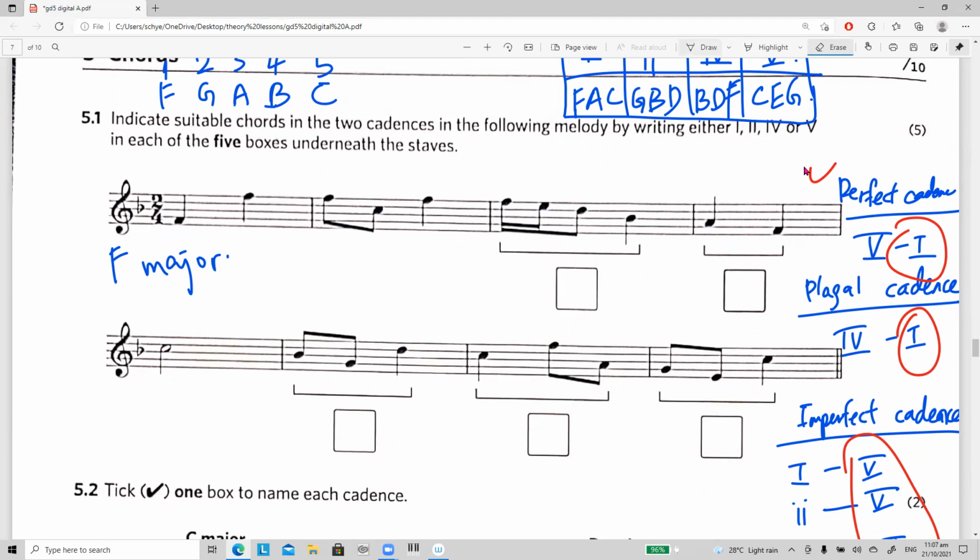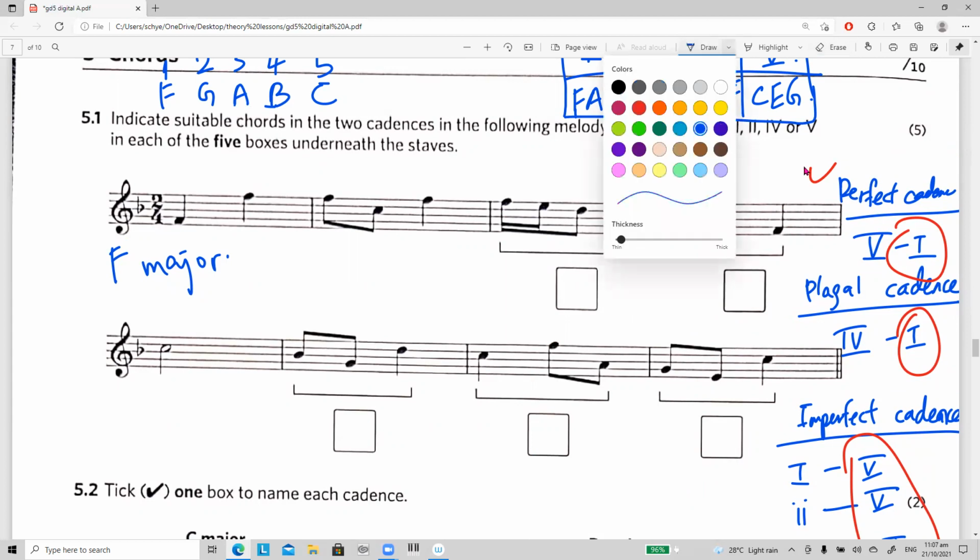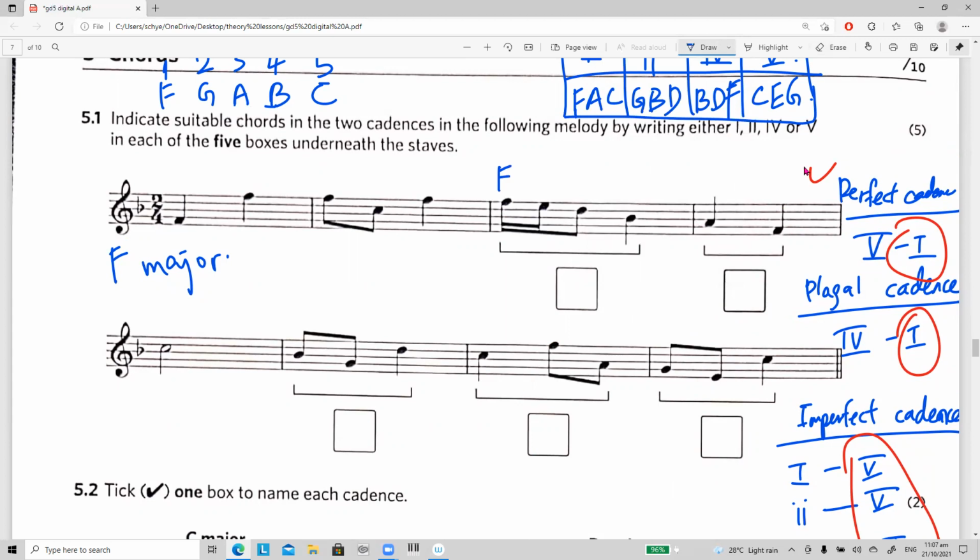So let's look at the chords now. So this is F, E, D, B. Usually the first note of the bar will be the important chord note. And then the last note and the main beat will be important notes also.